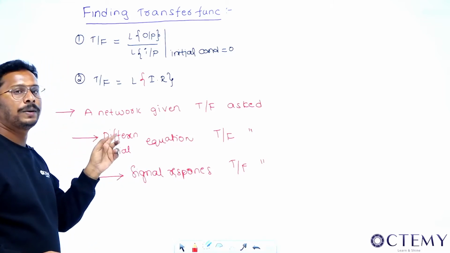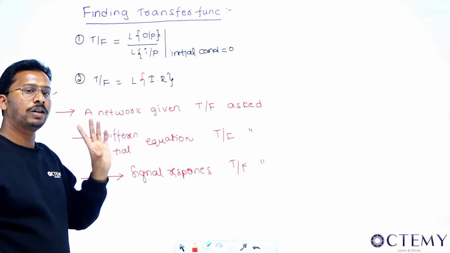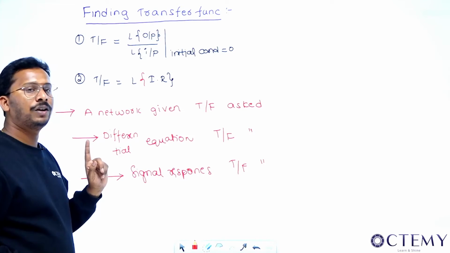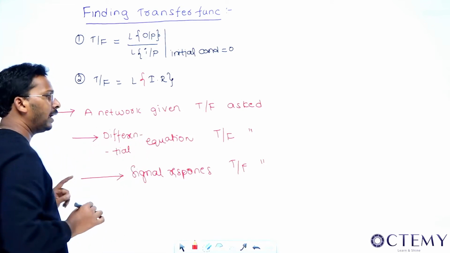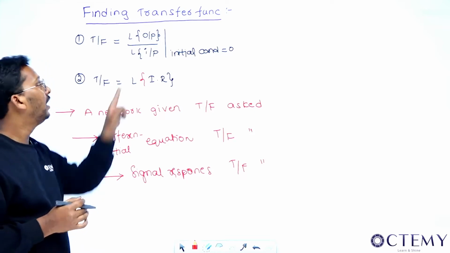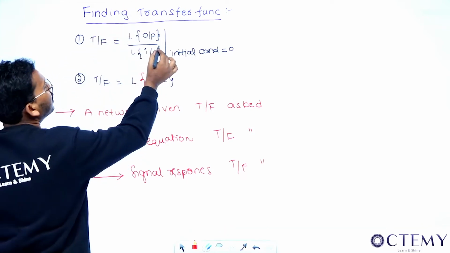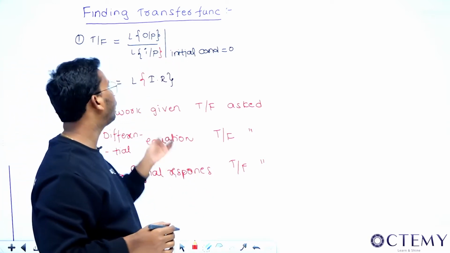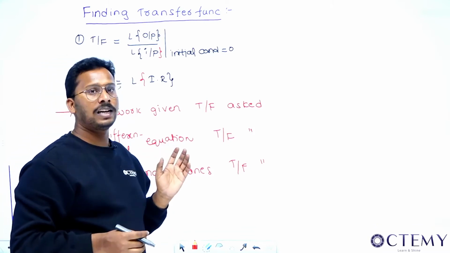You have to represent the network in S domain, then you find the specified output and specified input, and find the transfer function. Or they'll give you a differential equation, then you find Laplace of it and write everything in Laplace, then you find Laplace of output by Laplace of input. Similarly, they'll give you a step response or an impulse response. If they give you impulse response directly, that's the transfer function. Different kinds of questions like this can be asked.